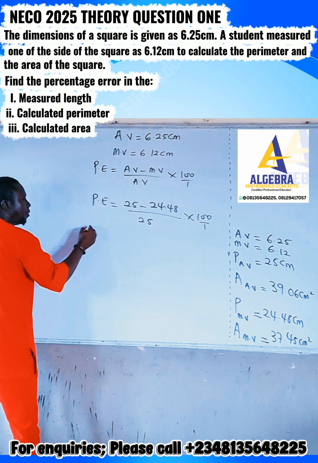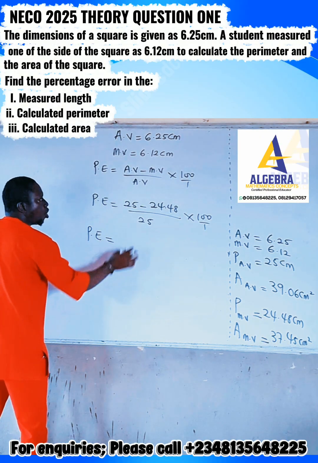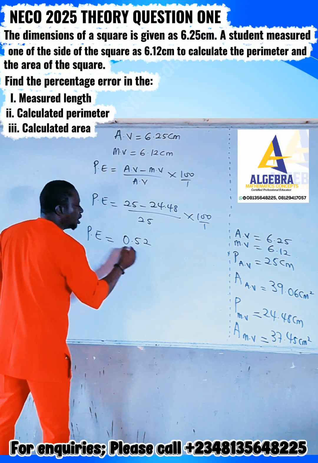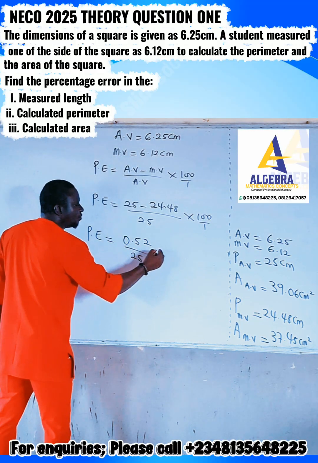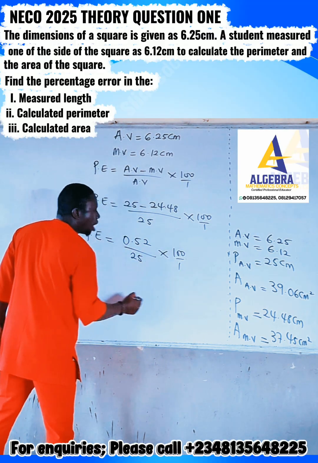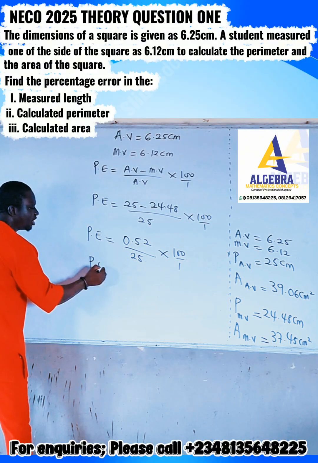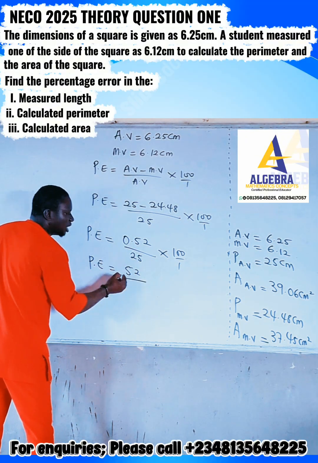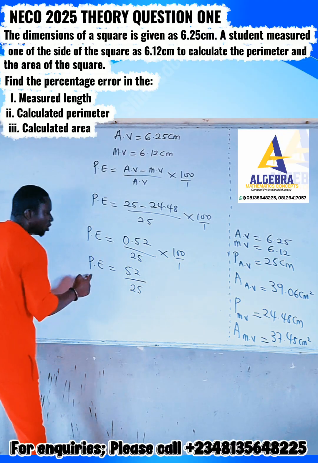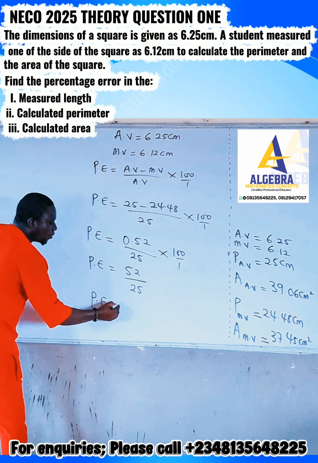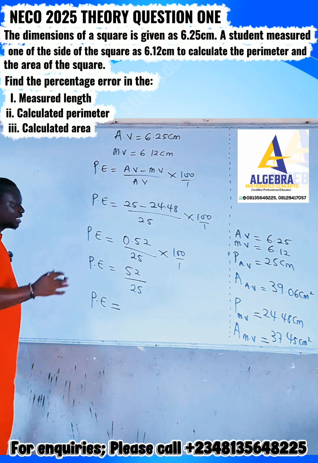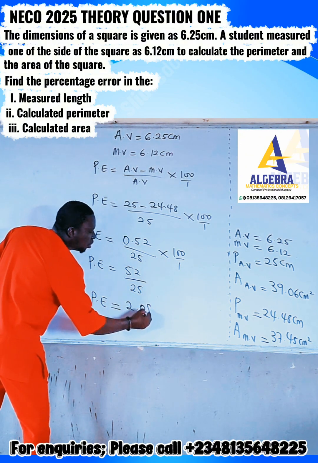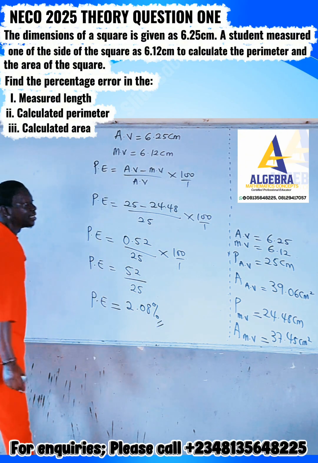Subtracting this, I have 0.52 divided by 25, then times 100 over 1. Multiplying these two, I have 52, then divide by 25. That gives 2.08%.